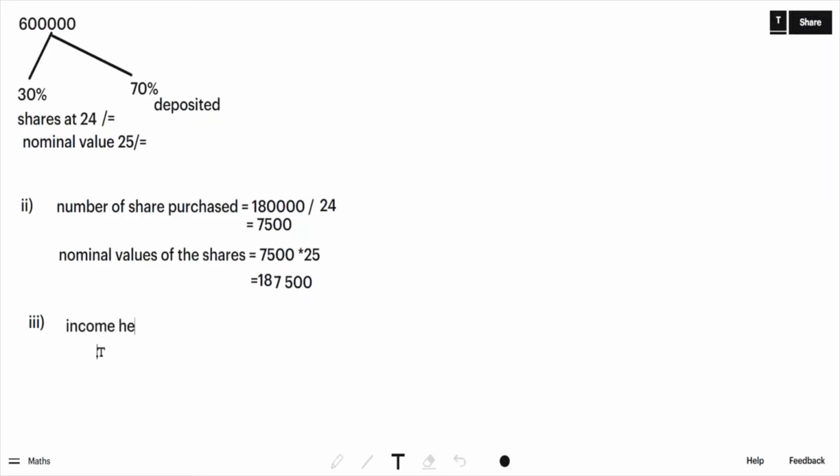income gained from shares. He has shares worth 187,500, on which the company pays him 5% dividend annually. So in order to find the annual income, we should multiply it by the dividend.